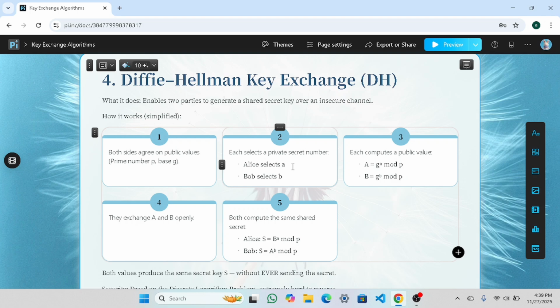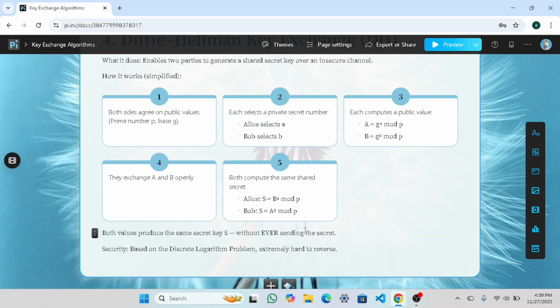For example, Alice selects a, Bob selects b. Each computes a public value, like g^a mod P. They exchange these openly. Both compute the same shared secret, and this is a mathematical formula.